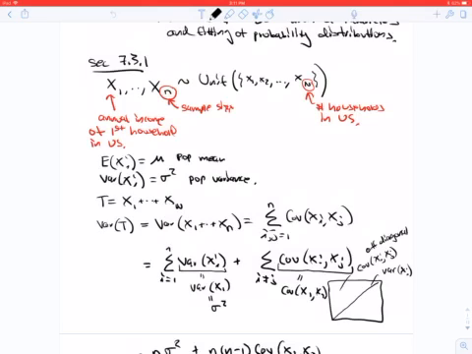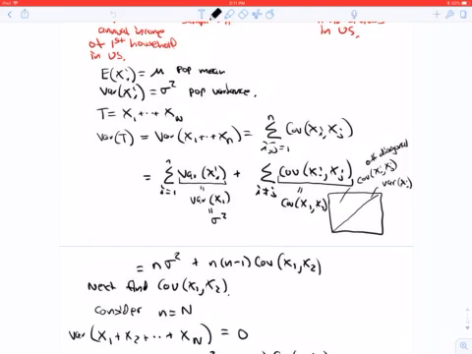So in other words, X1 is we're reaching into a box with all of these different tickets, and it's what we get, and so on. Facts about uniform distributions are that its expectation is the population mean and its variance is the population variance. And what we're interested in is the variance of X bar.